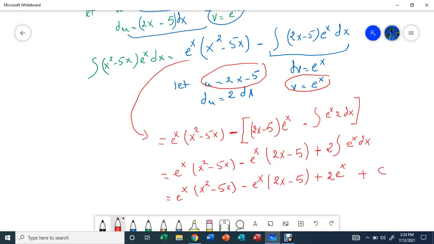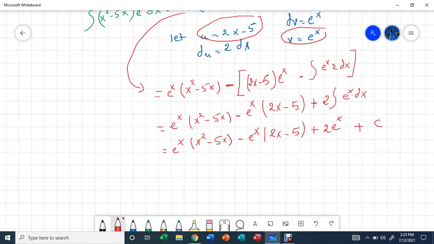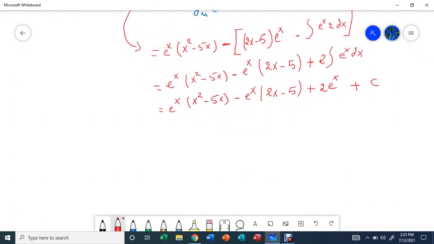Now you can factor out e to the x and simplify your final answer a little bit. So e to the x is a common factor here. I get x squared minus 5x minus 2x, minus minus 5, so plus 5, and plus 2, plus c, the constant.